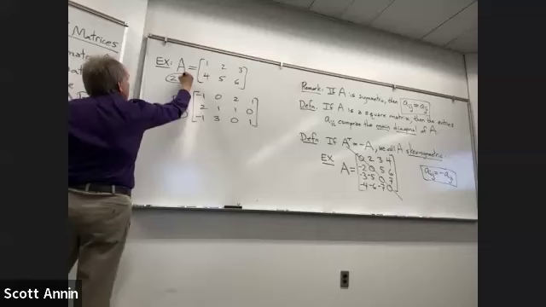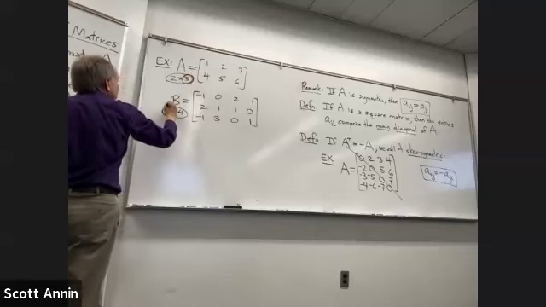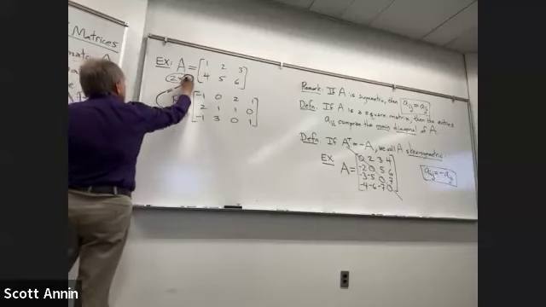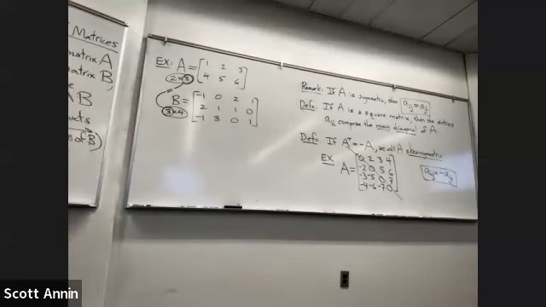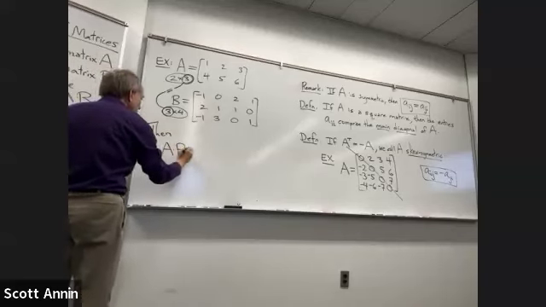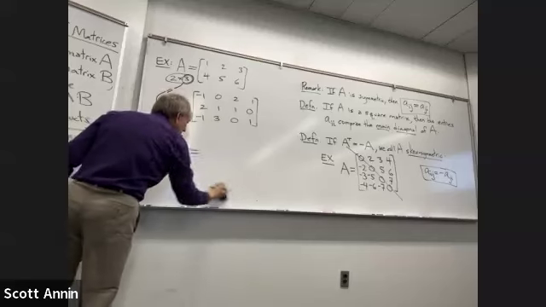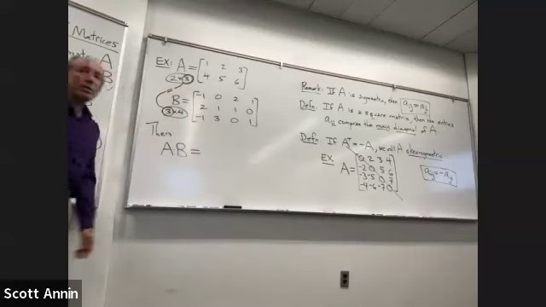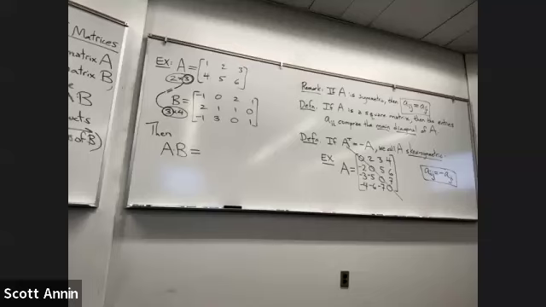Well, for A, I have a 3 here, and for B, I have a 3 here, and those do in fact match. Because of that, I can calculate A times B. Let's talk about that. Before we actually write out the matrix, can somebody tell me what the size of that matrix will be?